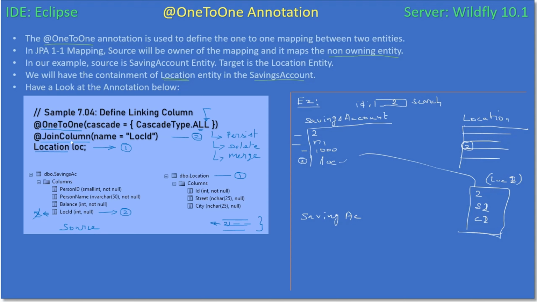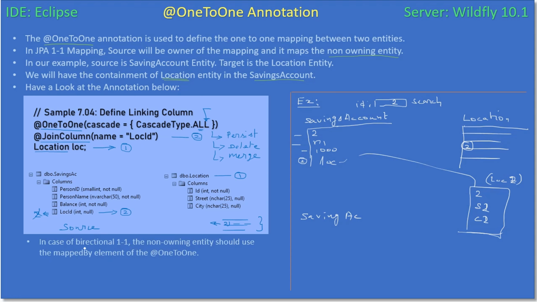And this relation is one-to-one, unidirectional in the sense from savings account we can reach to location, but from location we cannot reach to this saving account. Why? Because here in this tutorial we are not going to code that, but towards the end of the sub-series we will tell how to do that.